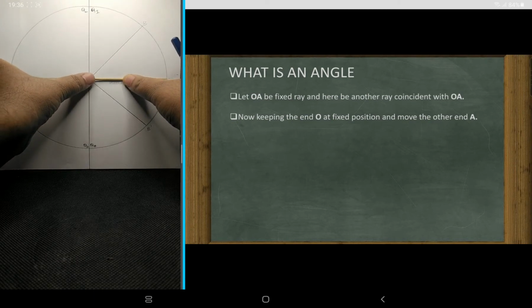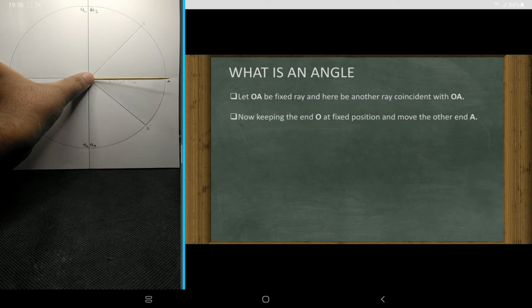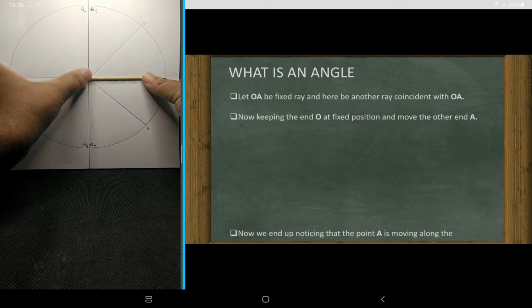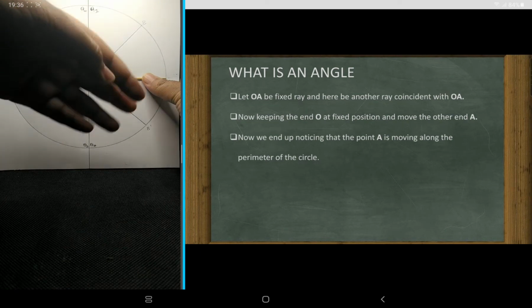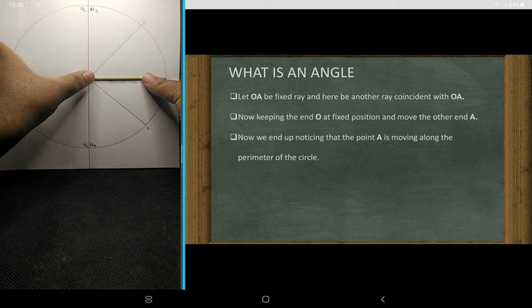We can notice that it went all the way through the perimeter of the circle.